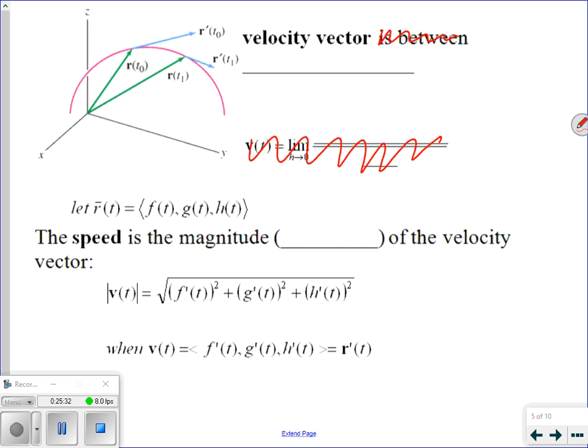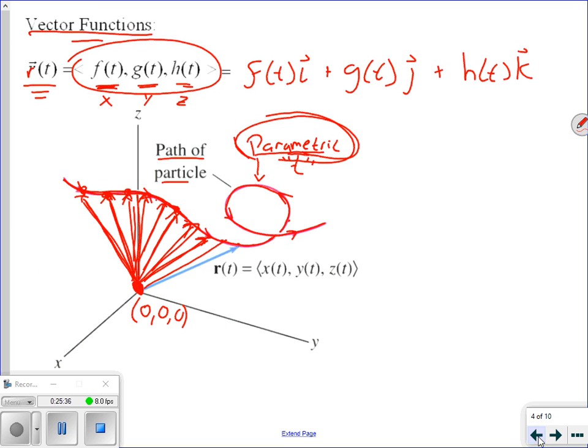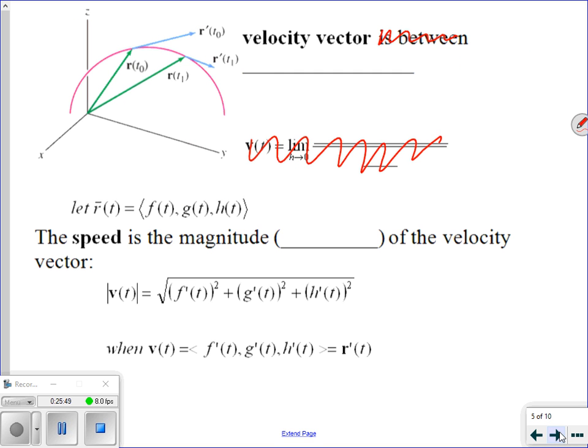One thing I want us to understand is that we have r of t back here being almost like our position function, telling us the position of our particle or whatever in vector form. We can also have a velocity vector. We're going to call that v vector of t. Okay? And honestly, this is the easiest thing in the world.